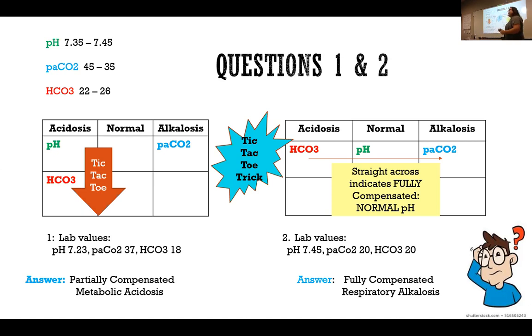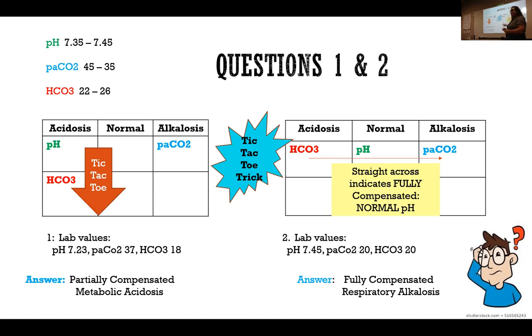So which one is more abnormal? The respiratory. So that's how we decide what's going on in the body if we've got a compensated lab set. Because the respiratory lab was the most abnormal, that's how we know that the respiratory is the one that is controlling this. And because the values were more alkalotic than acidic, that's how we know that it was alkalotic.